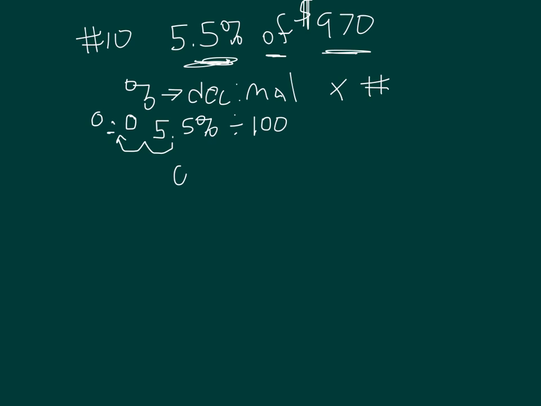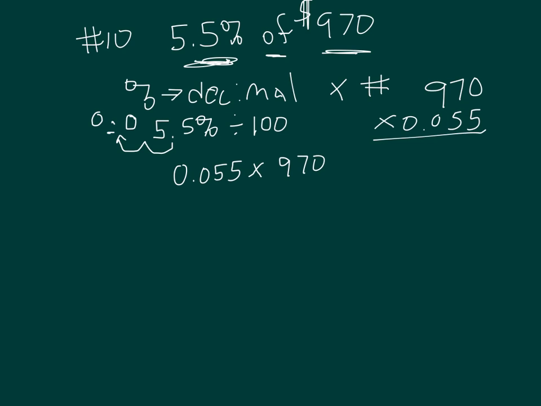So I've got 0.055, and I'm going to be multiplying that by the number, which is 970. To do that without the calculator, I put the 970 there, 550.0, multiply it like that.